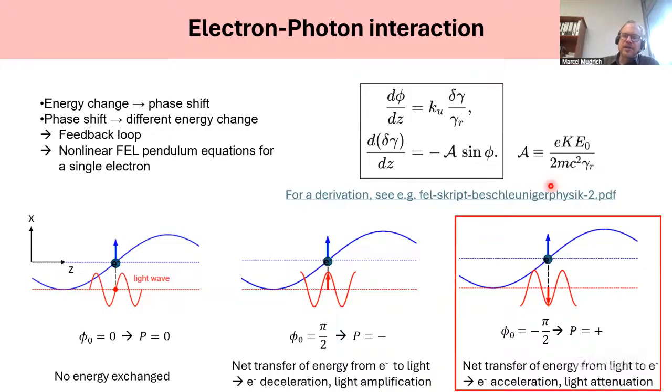Now let's consider a first case, where transfer of energy goes from the light to the electron beam, and the electrons get accelerated, which goes at the expense of light attenuation.